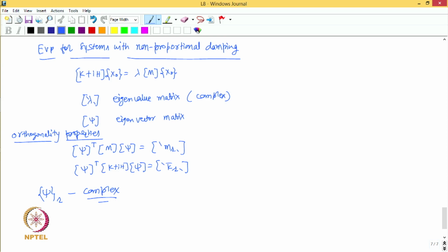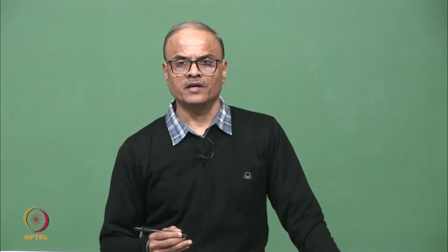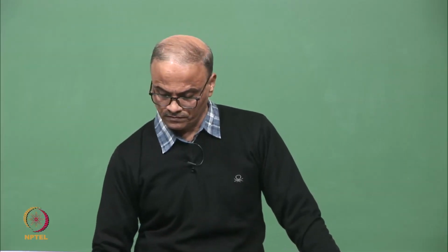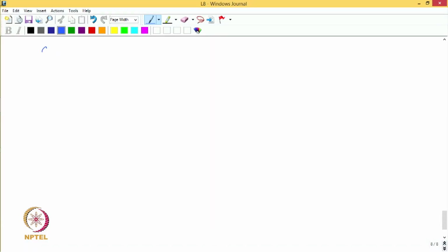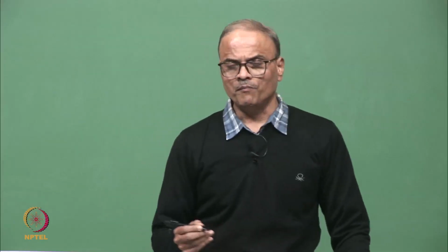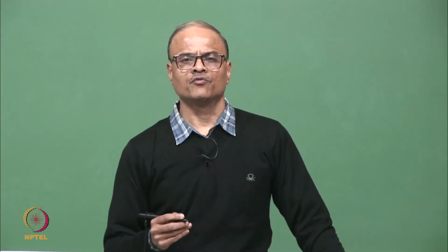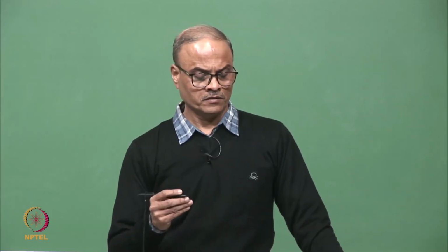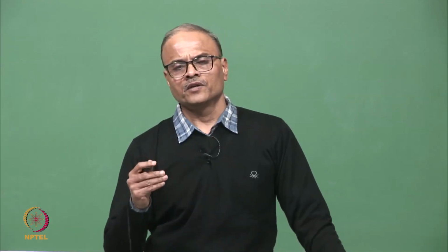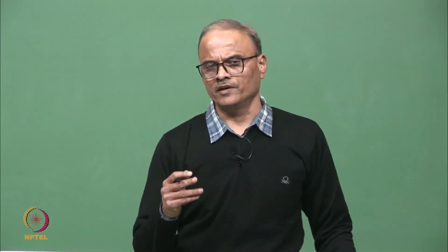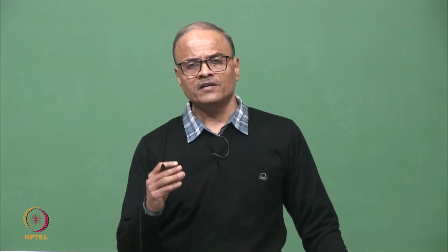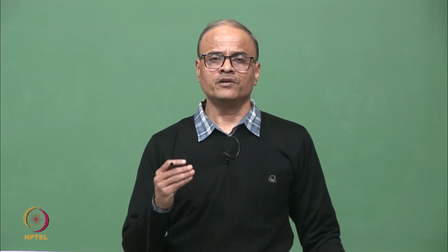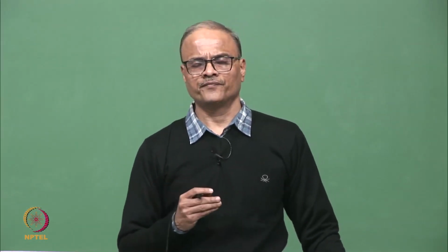That is the one difference that occurs as compared to the case of the proportional damping case. Let us first try to understand what is meant by a complex mode and what it represents. So, what is a complex mode? A mode shape being complex, or eigenvector being complex. A complex mode represents the situation where if you take any particular eigenvector, then for any two elements of the eigenvector, the phase angle between those elements will be different than 0 degree or 180 degree, right.